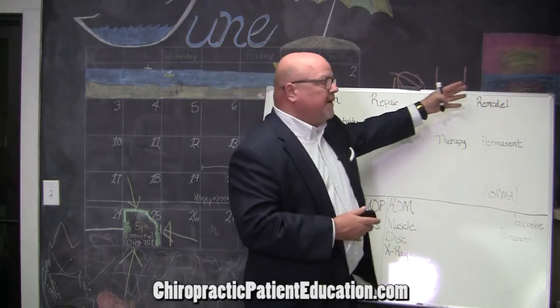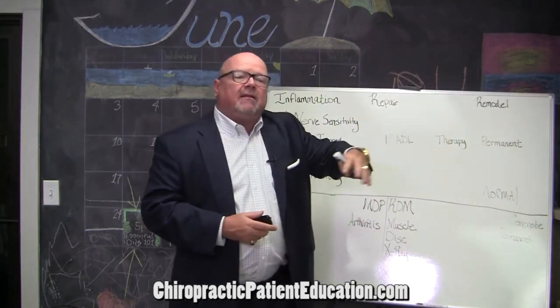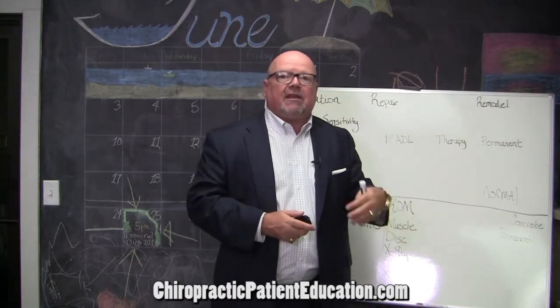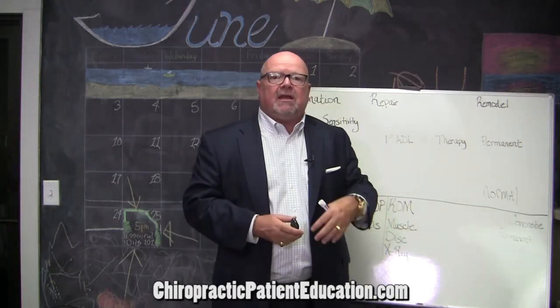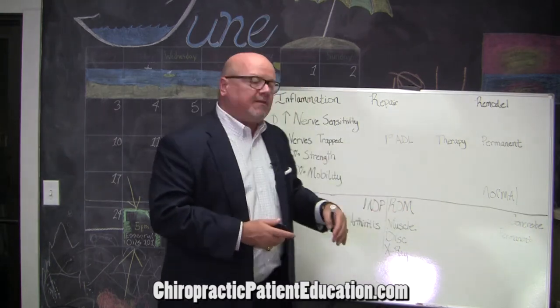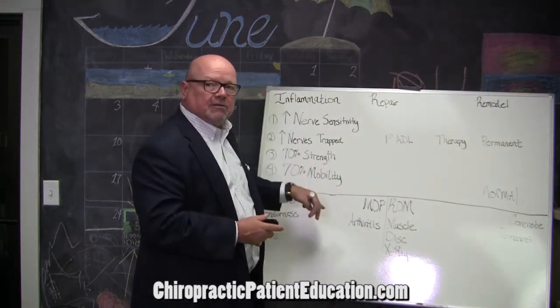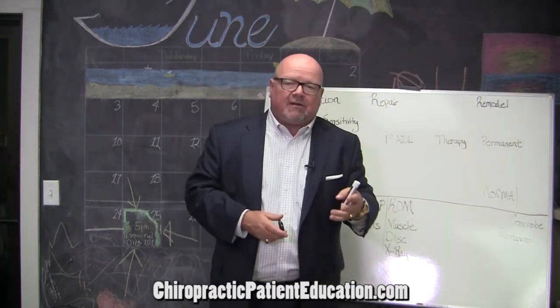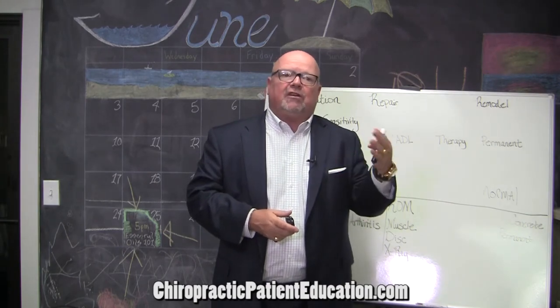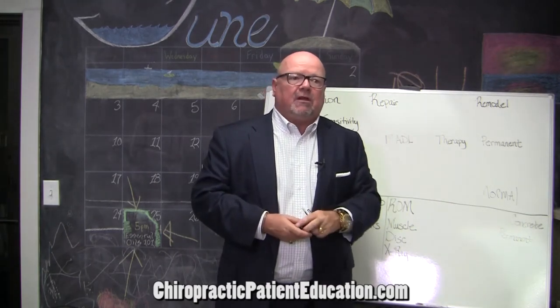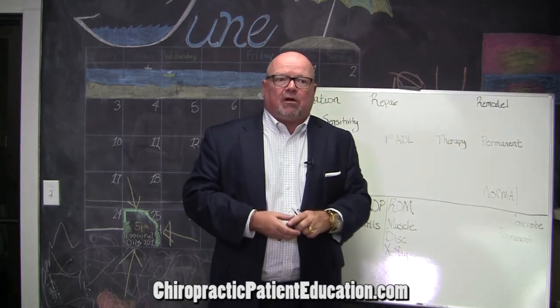And then from the repair phase, they move into the remodel phase. Now they have less pain and inflammation. They have more passive range of motion. Now we go into tissue strength and elasticity. Now we work on the collagen. And that's to increase their strength and elasticity and prevent the likelihood of re-injury or permanent injury. And that's the therapeutic protocol.